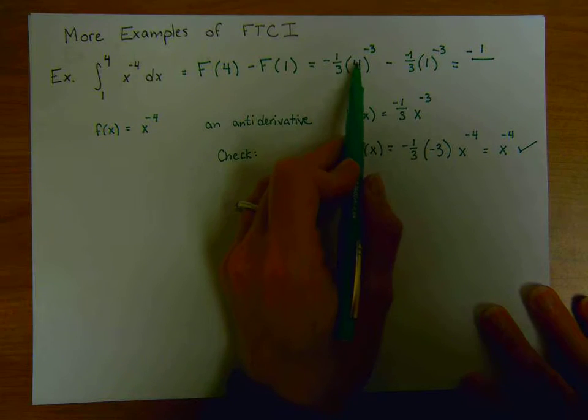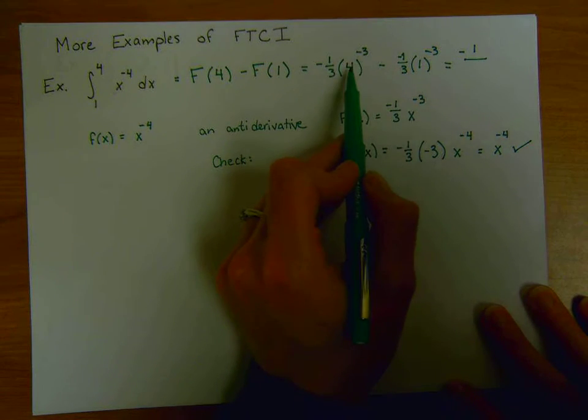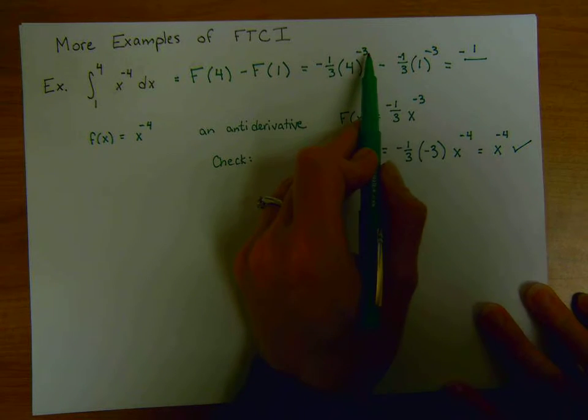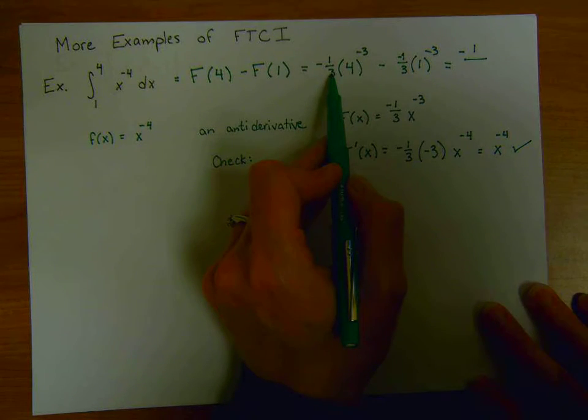So 4 to the third is 64, because 4 times 4 is 16, times 4 is 64, and then I multiply that by 3 and I get 192.